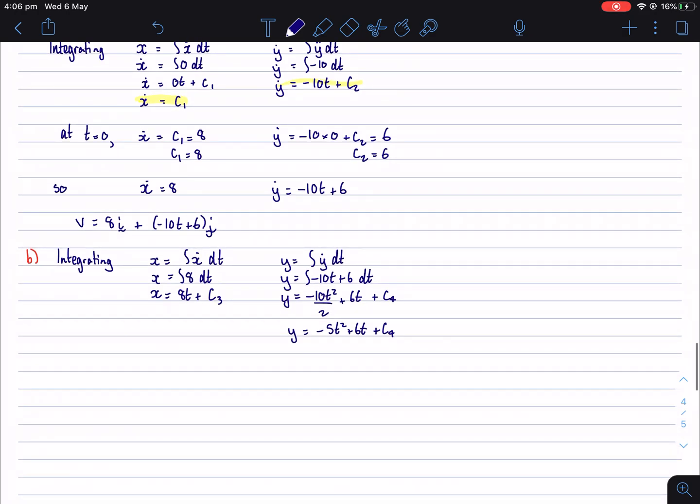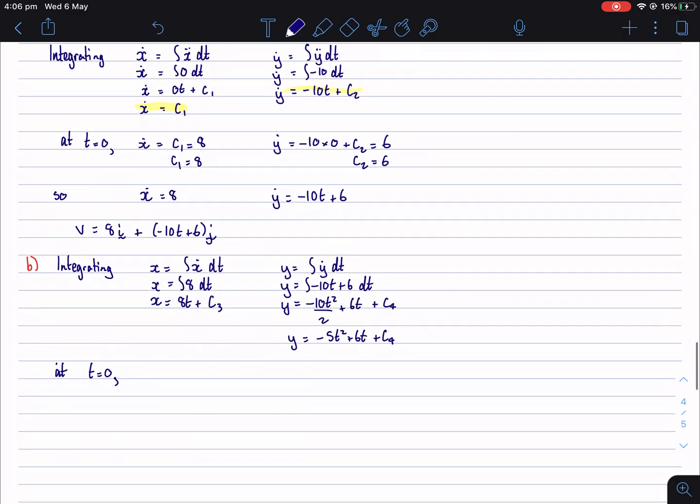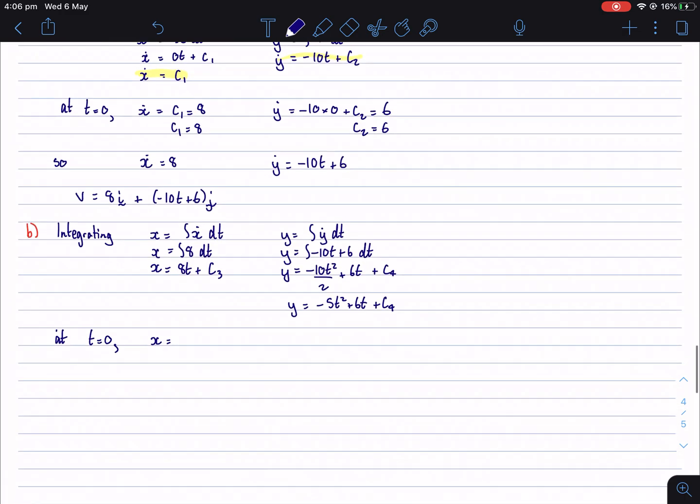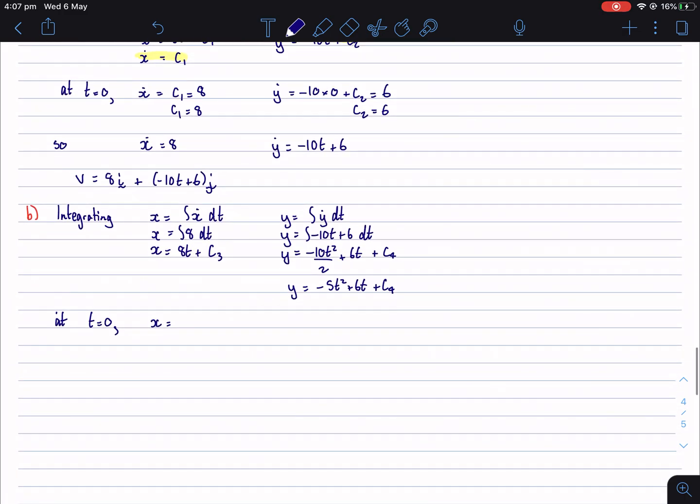We know at time t equals 0, x is 0. So we've got 8t plus c3 equals 0.